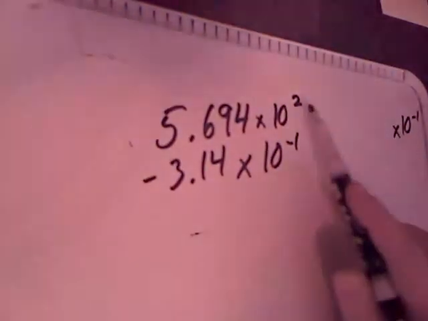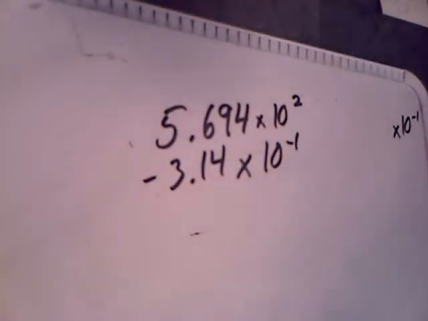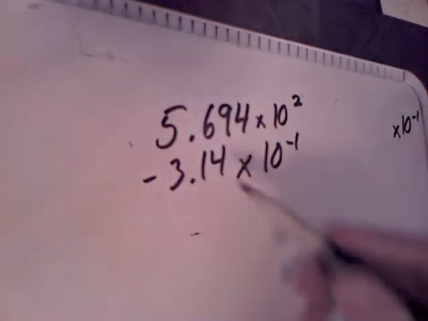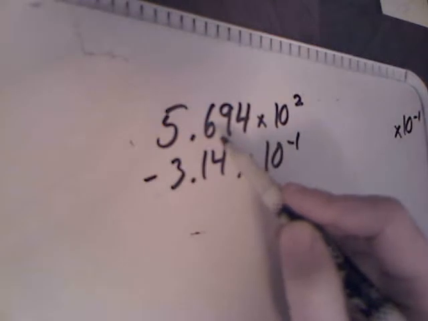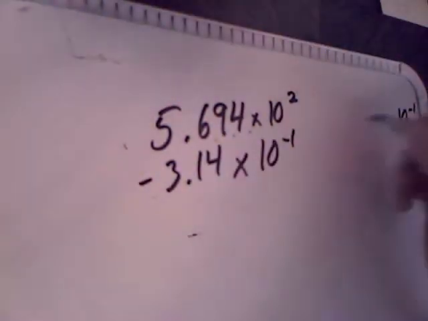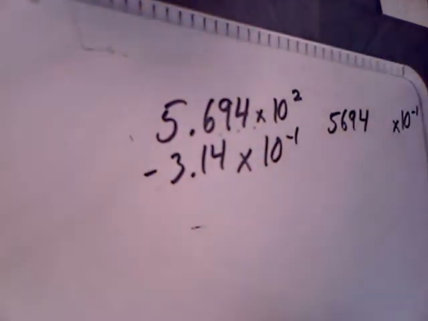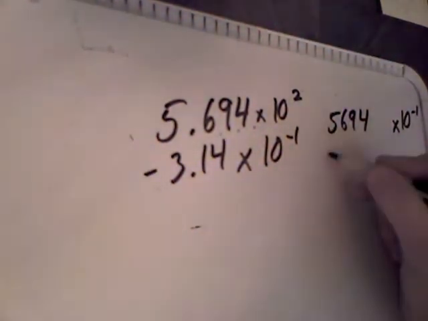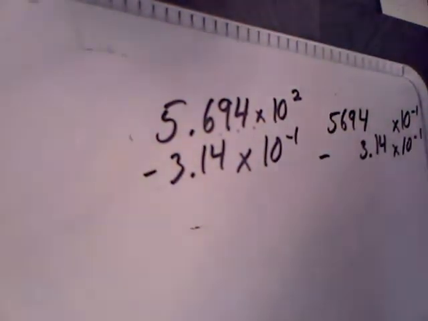So to do that, to 10 to the negative 1, I'm going to have to move that decimal 3 different times. I'm not going to move it this way. I'm actually going to end up moving it backwards. So I'm going to move it 1, 2, 3, which will be 5.694 times 10 to the negative first power, minus 3.14 times 10 to the negative first power.